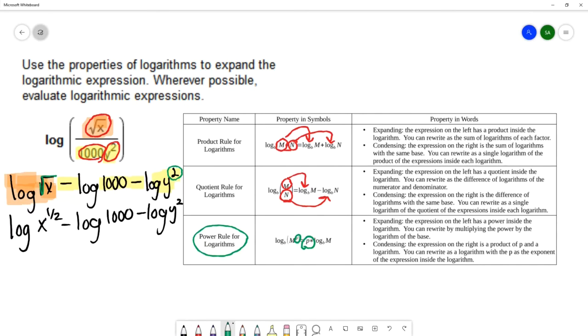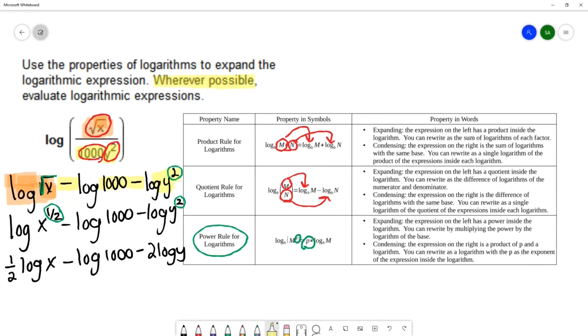And with those powers, a power of 2 and a power of 1/2, we're going to apply the power rule and write this as the coefficient 1/2 log of x minus log of 1,000 minus 2 log of y.